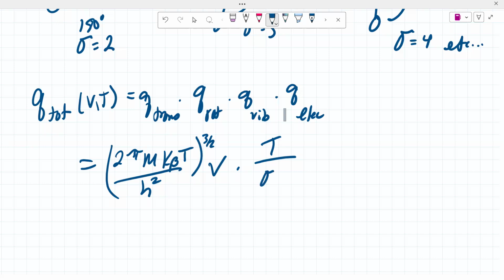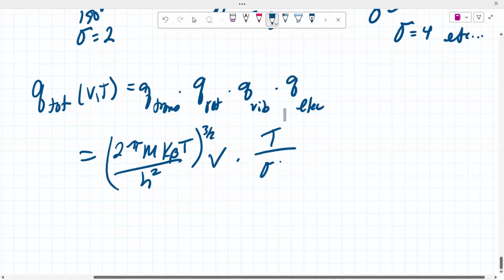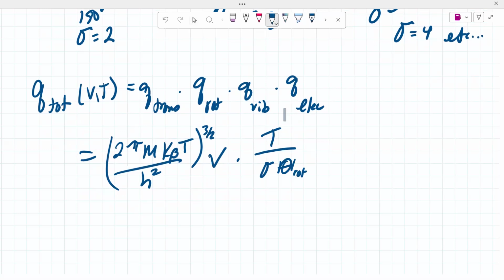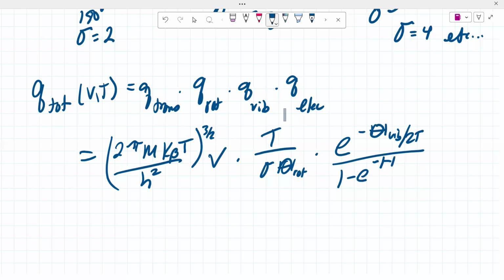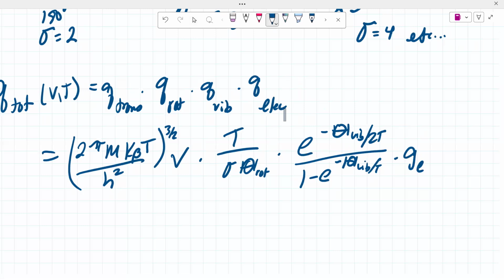sigma, these sigmas we just drew up here, and then we have our rotational symbol, times e to the negative vibrational symbol over 2T, over 1 minus e to the negative vibrational symbol over T, times g sub e1 e to the well depth over kBT.